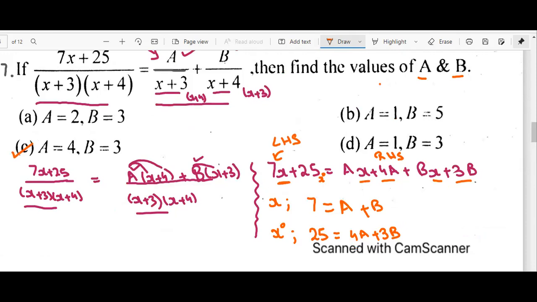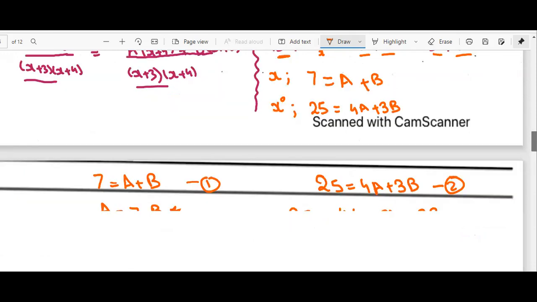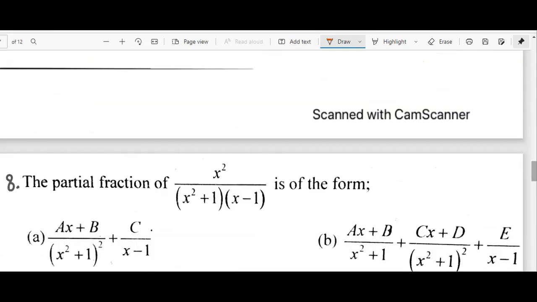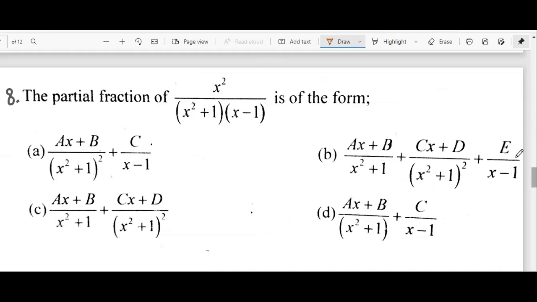Okay, right. So I hope this is clear. Let's talk about the 8th question. Okay, the partial fraction of this is of the form, okay, whenever we are interested in finding out the form of partial fraction, we only need to focus on the denominators. Whenever we have this type of a term in denominator, x squared plus 1, for this we get ax plus b.